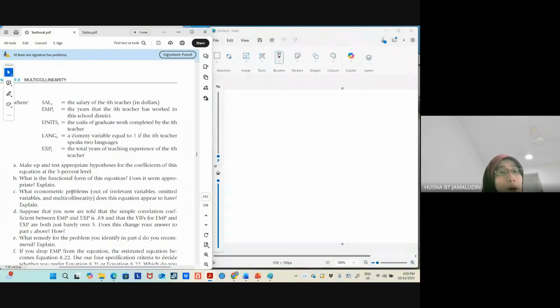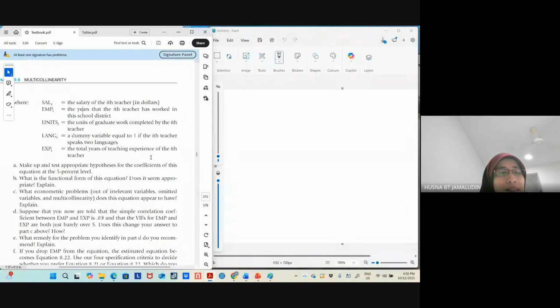What econometric problem? You have to figure out the same thing, whether there are irrelevant variable, multi-co, functional form, doesn't follow expected sign, insignificant variable. Okay, so you have to check. So at the moment, you have years. Can you spot any multi-co?